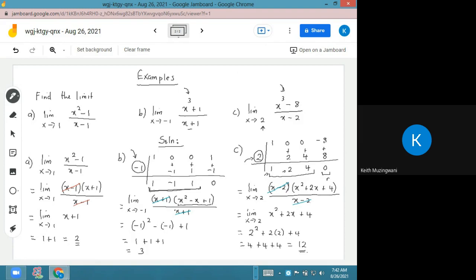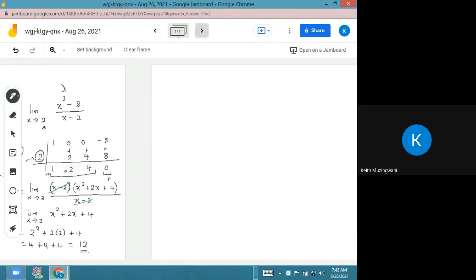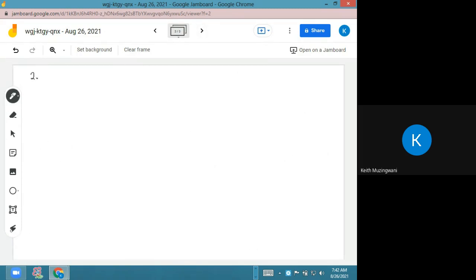Another set of examples. So we call this example 1. Find the limit.